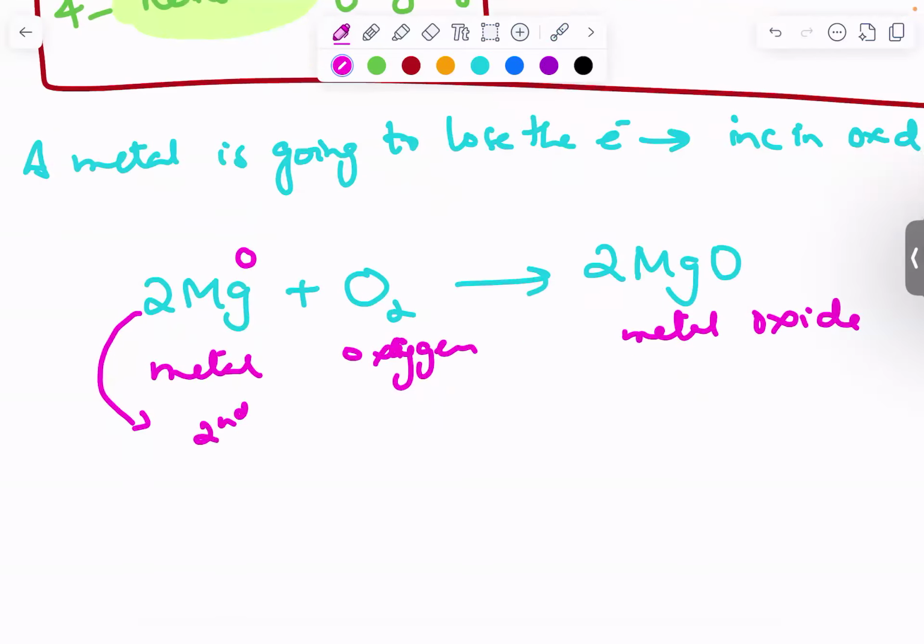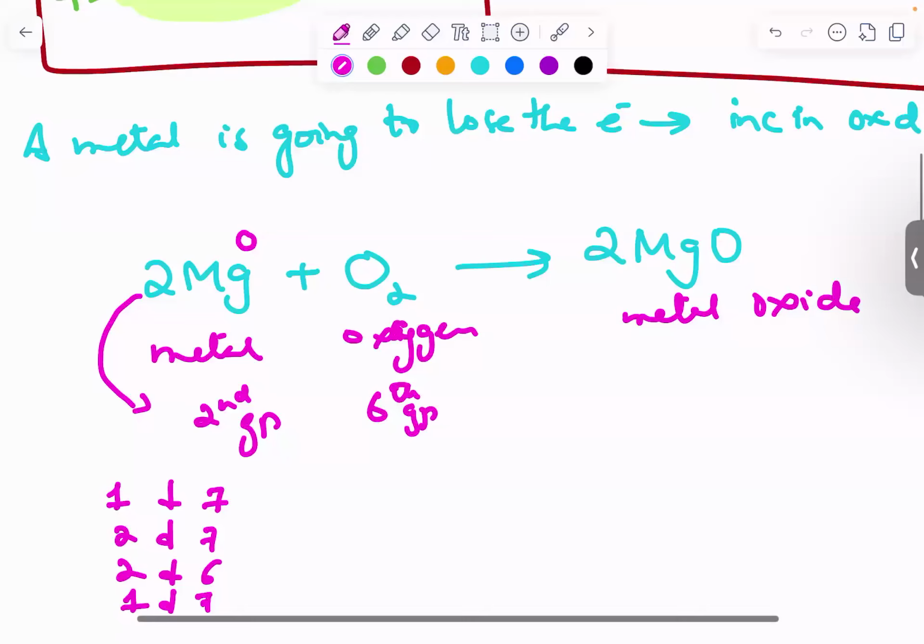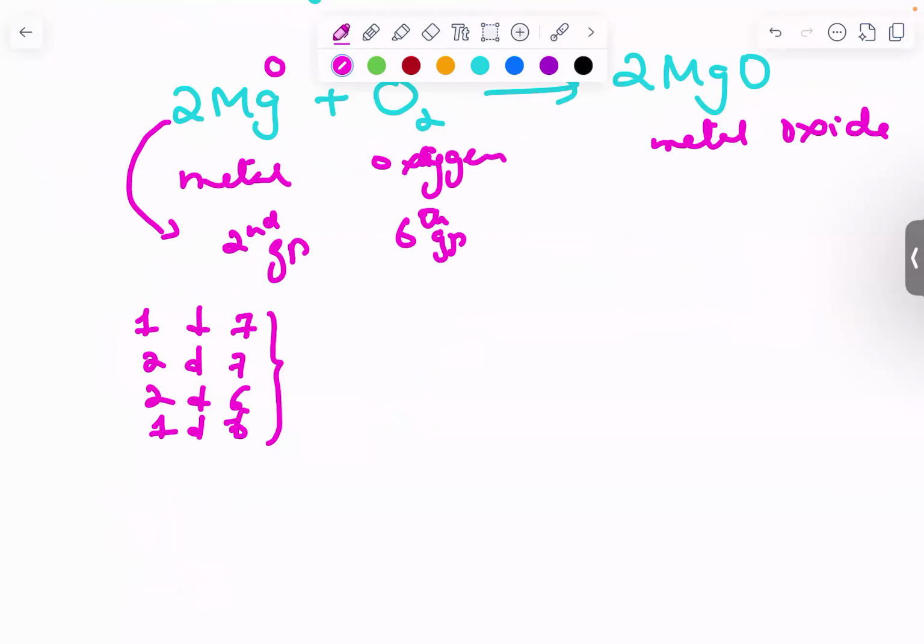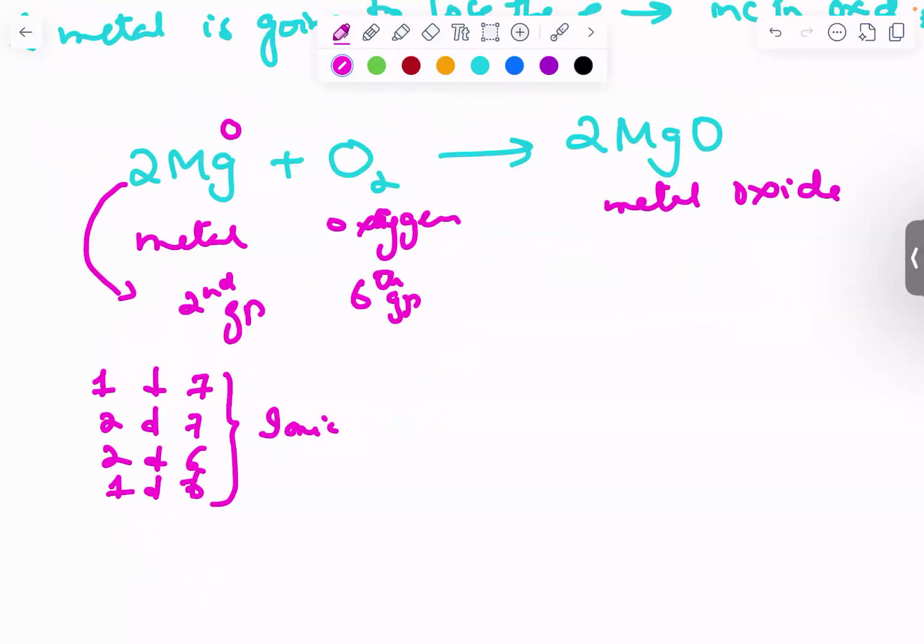This has been taken from second group and this has been taken from sixth group. So whenever a bond is formed between 1 and 7th group, 2 and 7th group, 2 and 6th group, 1 and 6th group, the bonds would always be ionic. Are you getting my point? So that means the bond would be ionic.